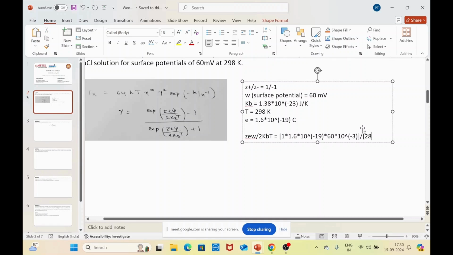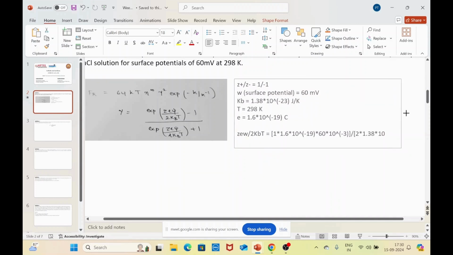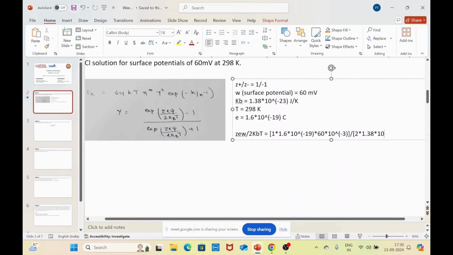So 2 times of 1.38. You can take the value that is exactly mentioned in the question. If you see in all your assignment problems, you have the values given in the useful quantities, like what is E, epsilon, epsilon naught. So you can use those values directly.